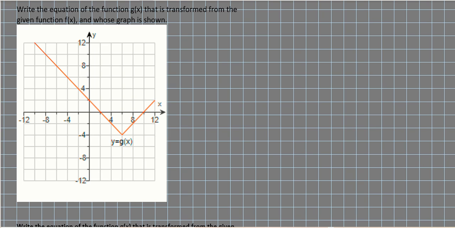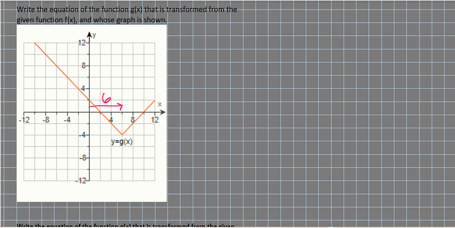So, which way did this graph shift? To the right. Down. And down, how many? Who said 6? Yeah, 6. Why did we say 6? Look at your increments: 2, 4, 6. So it went to the right 6.